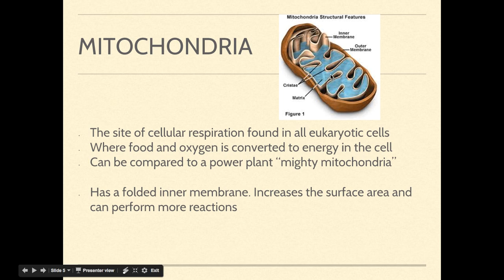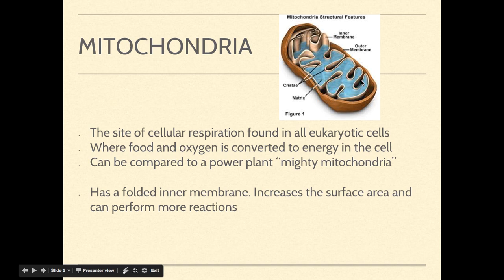Because this is where energy is made in the cell, it's often compared to a power plant. And when I first learned this stuff many, many years ago in the 7th grade with our science teacher, Mr. Pillsbury, he used to call it the mighty mitochondria, and that just reminded us: mighty mitochondria, power, energy. That's where energy comes from.